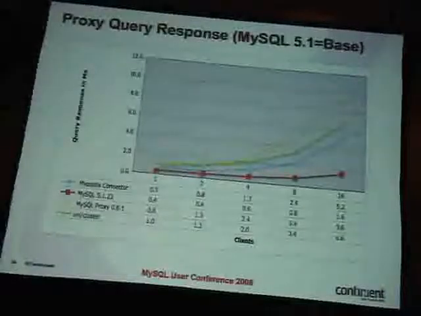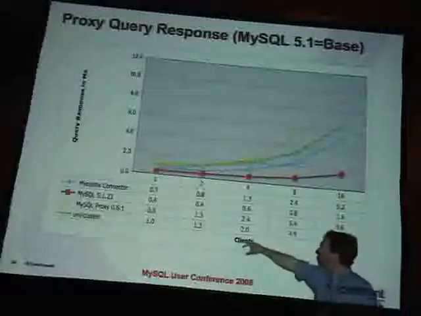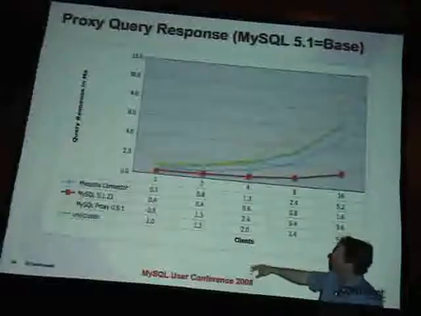One of the things I just want to have in my head is a number that says what is the lowest possible cost for one query to move through a proxy. That's what this test was designed to do: checking query response on each thread as we increase the number of clients.